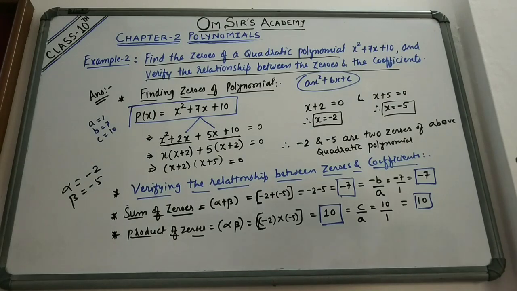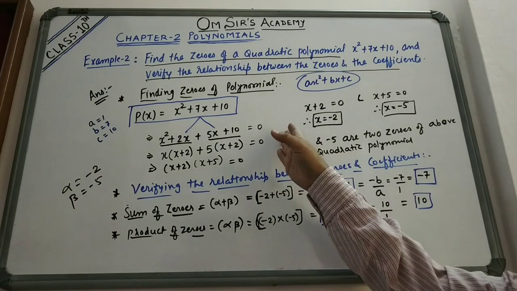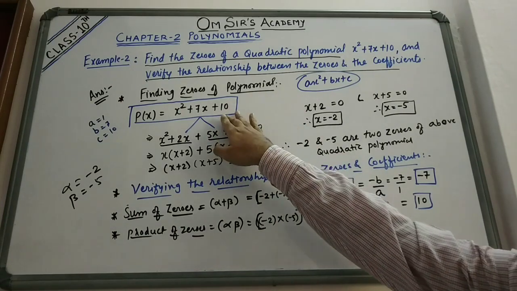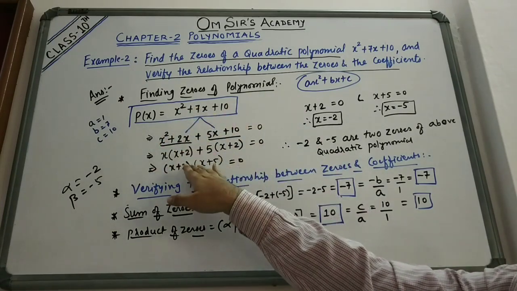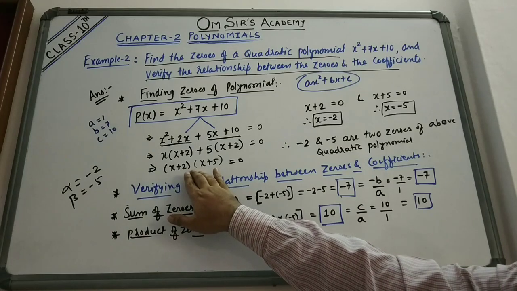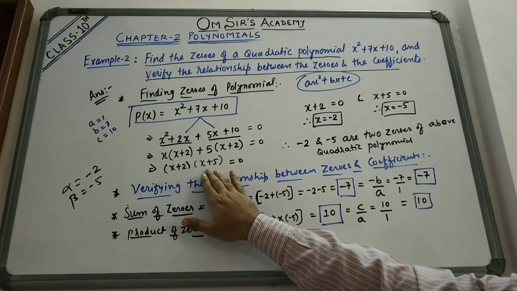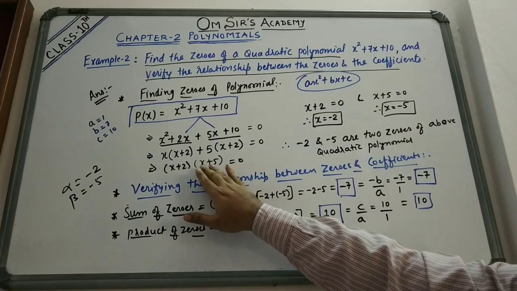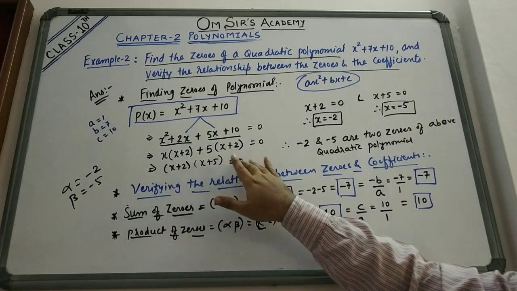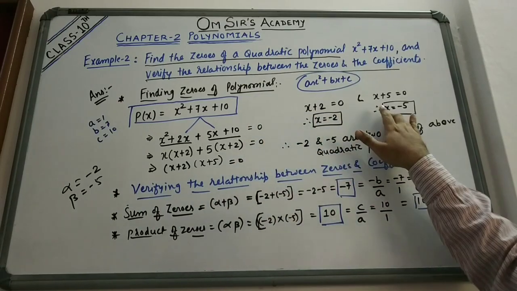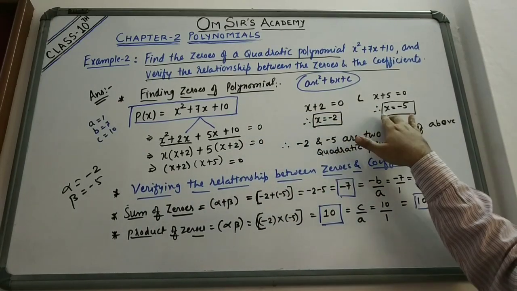Is it clear, friends? So in this sum you learned how you can find the zeros of a polynomial. First, if you are given a quadratic polynomial, you need to factorize it. How do you factorize it? By splitting the middle term. You got the two factors, and when you equate those two factors with 0, you found two zeros, that is the two values of x.